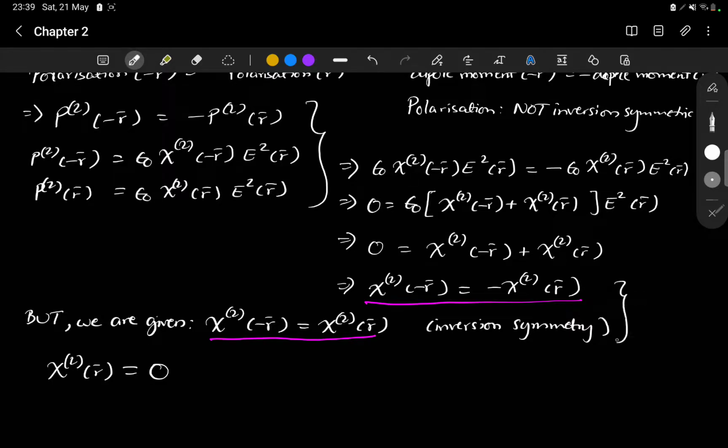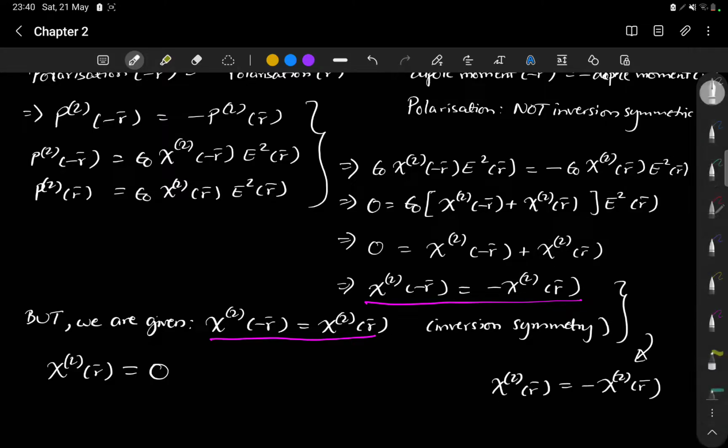This is because from these two equations we get chi2 at r equals minus of chi2 at r. So a number equals its negative only for the number being equal to 0.